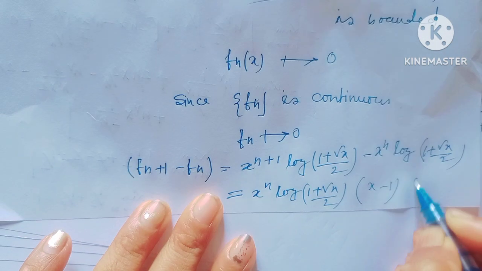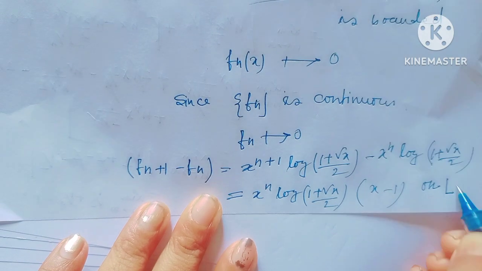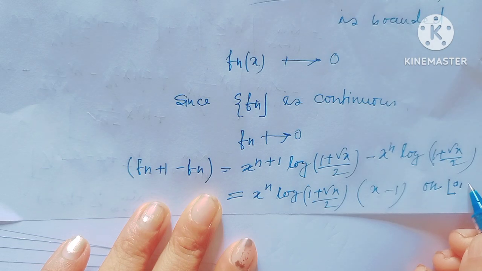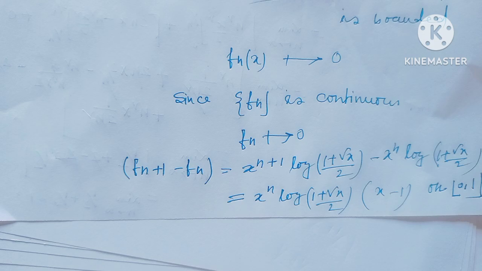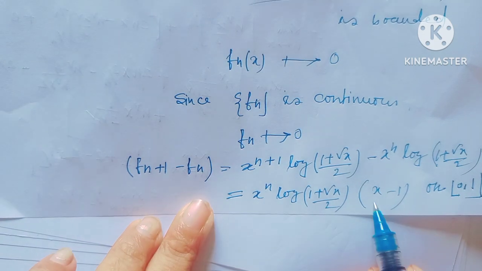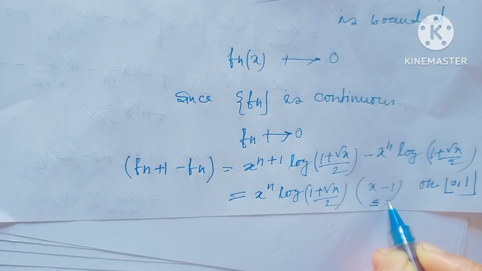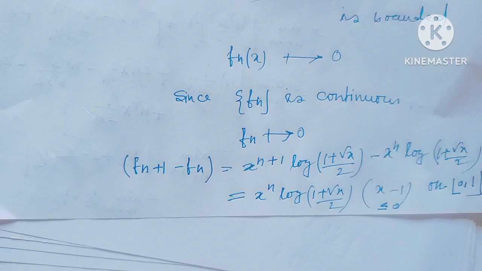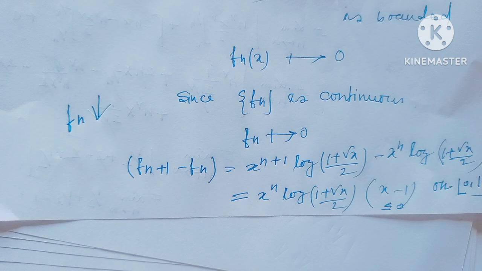And on the interval [0, 1), since this part x − 1 is less than 0, the sequence of functions fn is a monotone decreasing sequence.